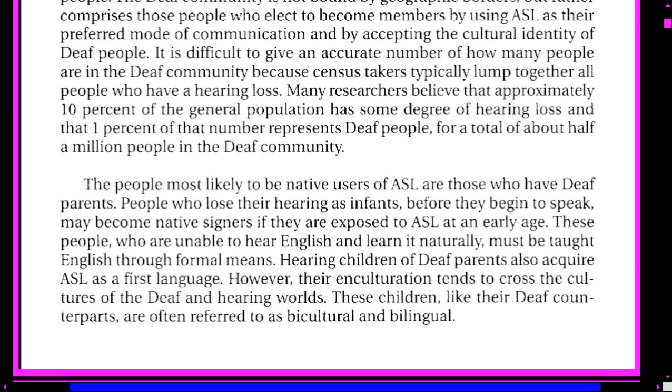However, their inculturation tends to cross the cultures of deaf and hearing worlds. These children, like their deaf community counterparts, are often referred to as bicultural and bilingual.